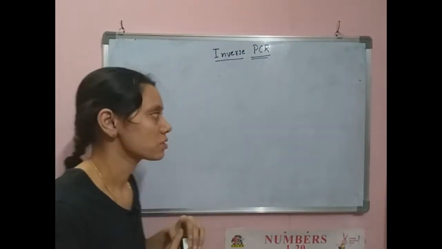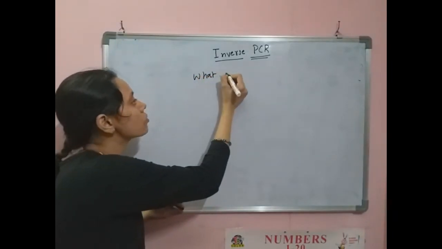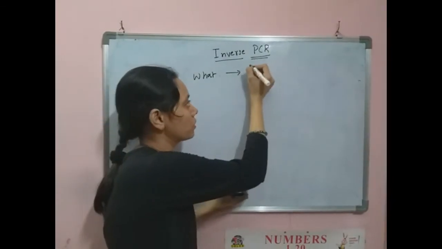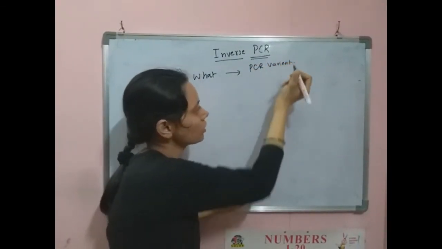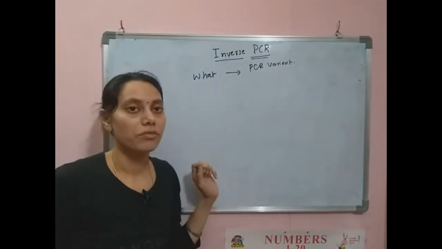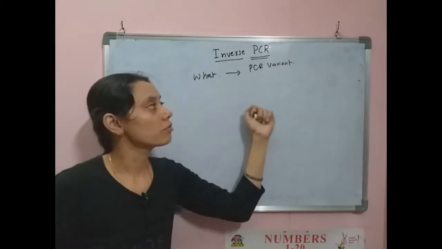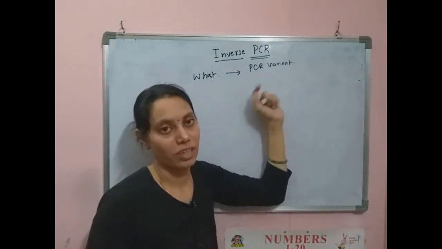So coming to the first point, what is inverse PCR? Basically, as the name indicates, it's a PCR variant. We should learn what exactly PCR is before we understand inverse PCR. PCR stands for polymerase chain reaction.